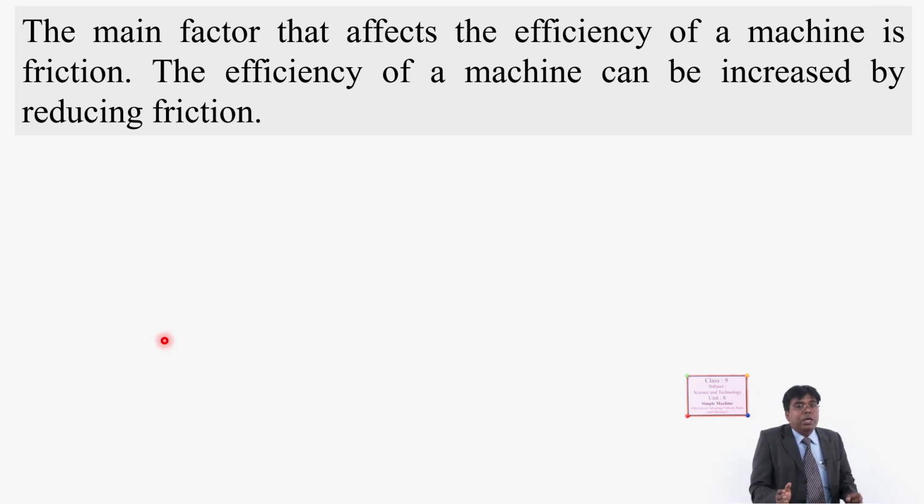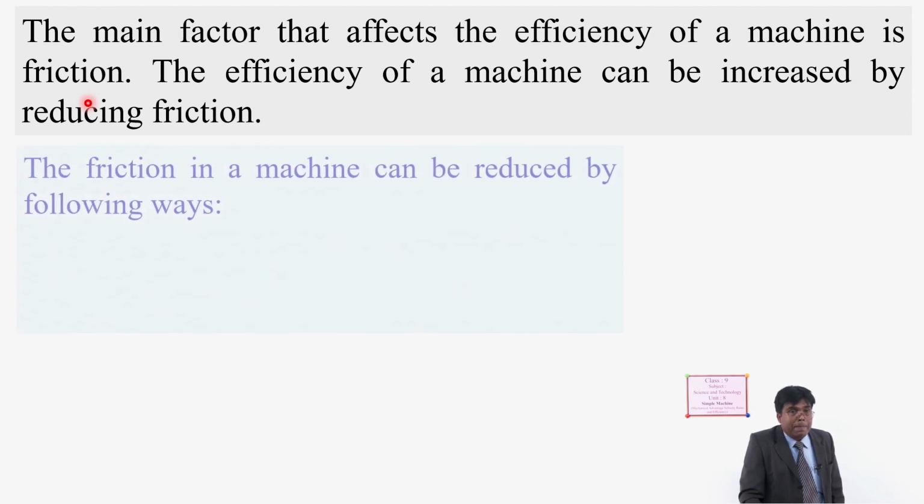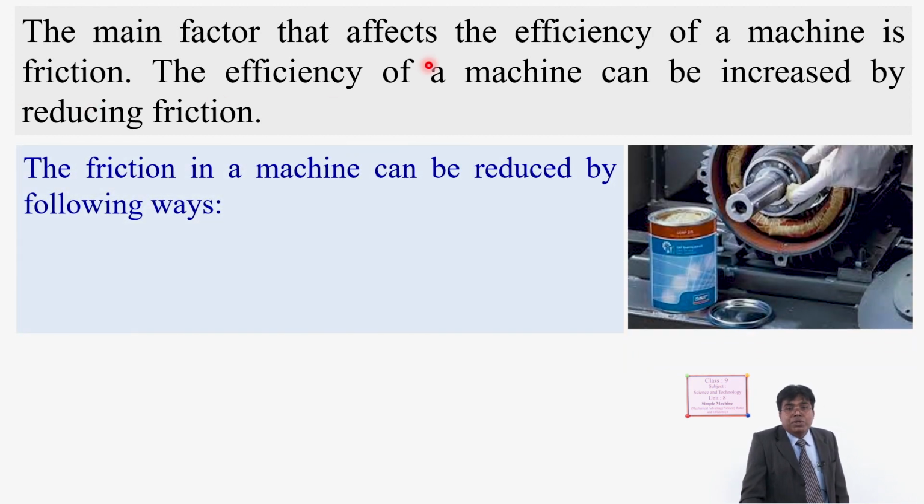Now, the efficiency of a machine is highly affected by the factor that is friction. So if you want to increase the efficiency of a machine, it means we have to reduce the friction. How can we reduce the friction then? Okay, if you see here, ball bearing is used, grease is here. I think some of you used to put mobile oil in the movable part of a cycle.